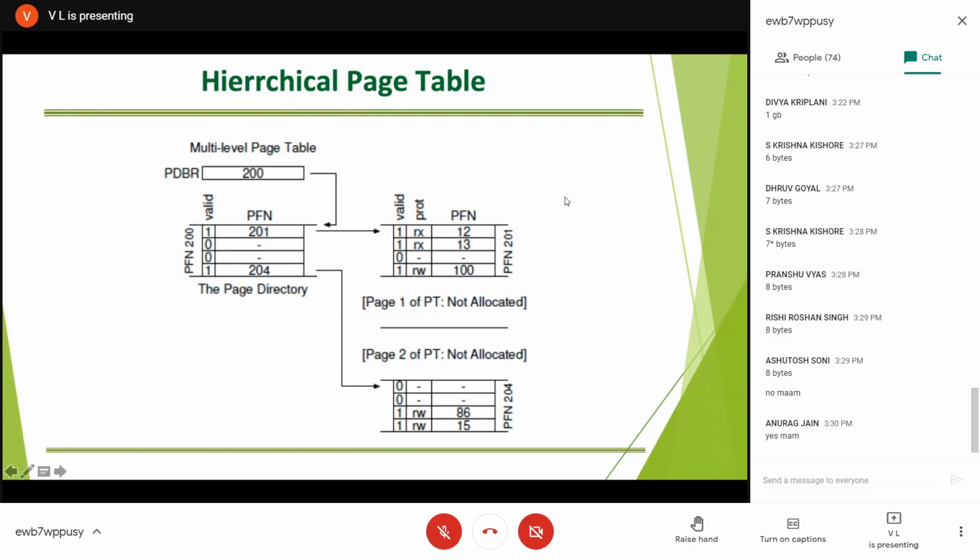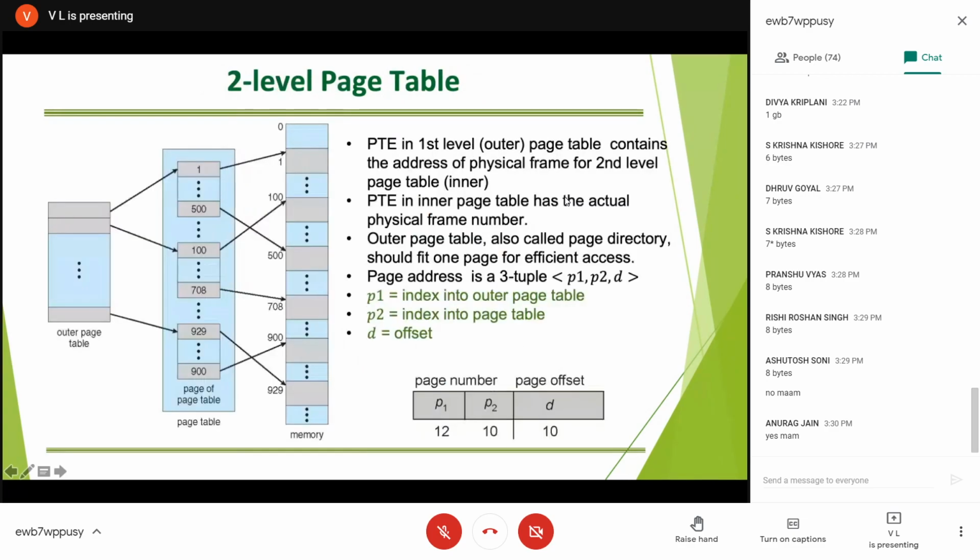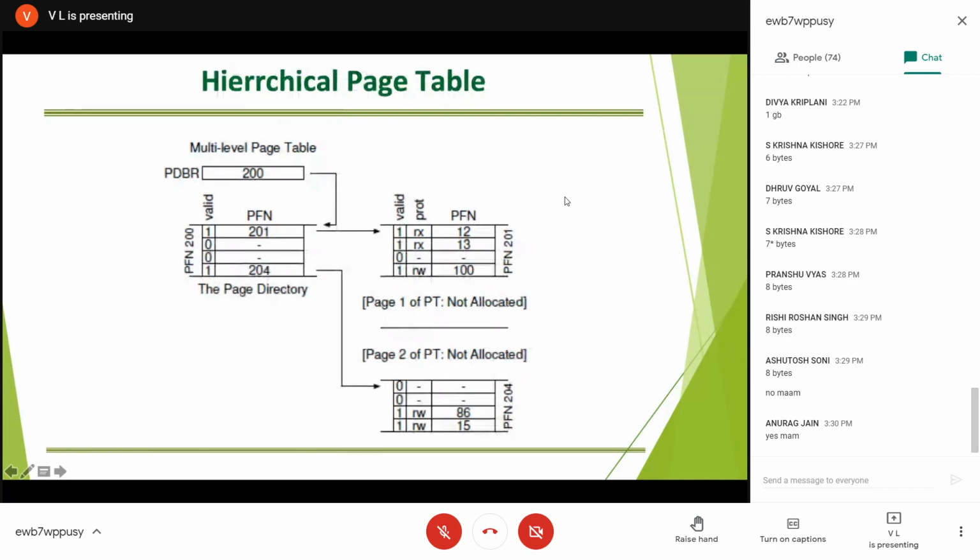So first level page table. The page table base register, it will be PTBR, not PDBR, is pointing to the first level page table, which is pointing to the second level page table.